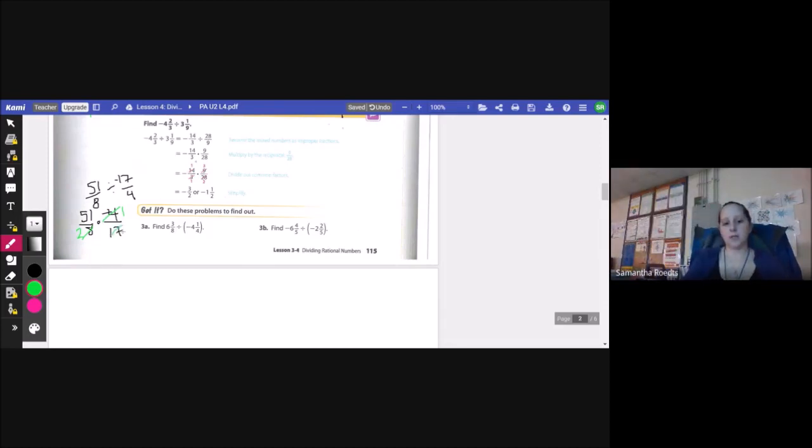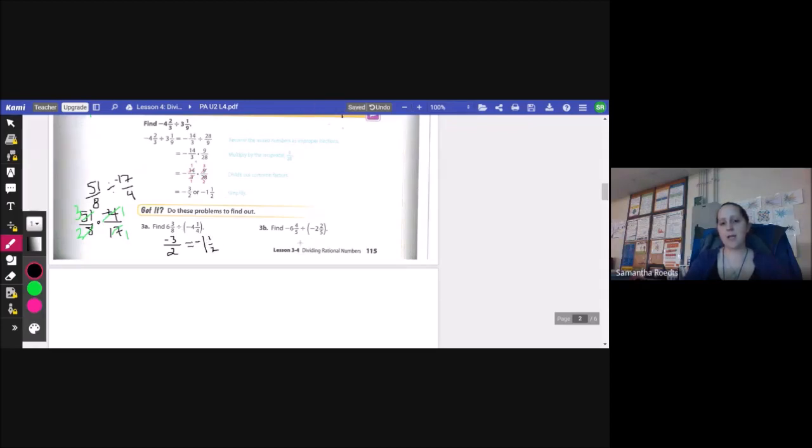So 17 becomes 1, 51 becomes 3. Okay, and then I'm left with 3 times -1, which gives me -3, and 2 times 1 gives me 2. So I have -3/2, which also equals -1 and 1/2.